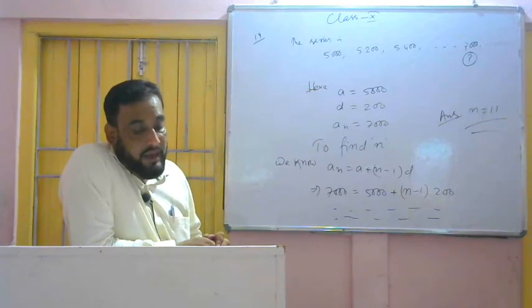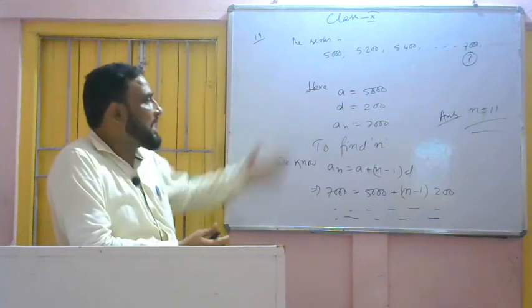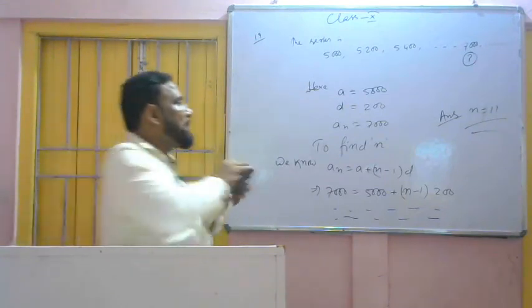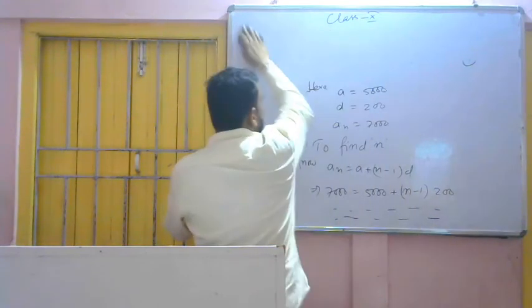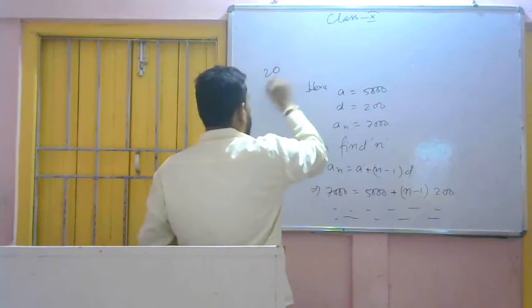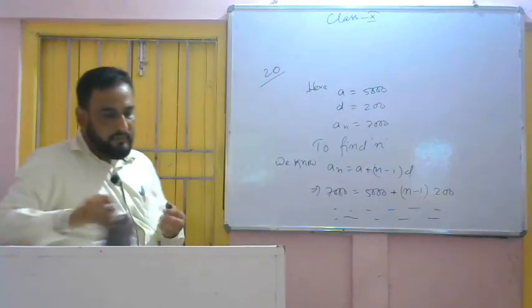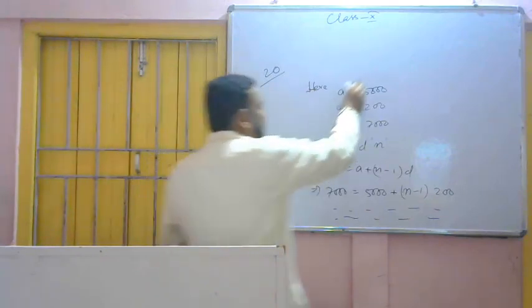If in the nth week his weekly savings become rupees 20.75, find n. Like the previous one, here also I will give some hints only, and you will continue the sum. Question number 20. So Ramcharan saves rupees 5 for the first week.